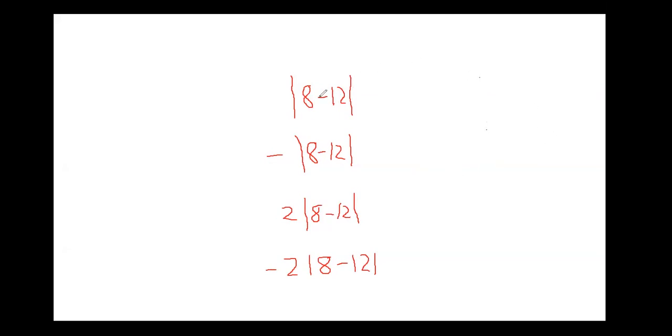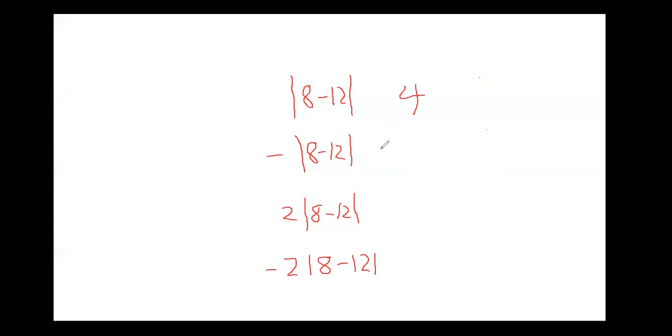So on this first one is 8 minus 12. So 8 minus 12 is negative 4, but then the absolute value removes the negative, so this becomes 4. Now we have 8 minus 12.